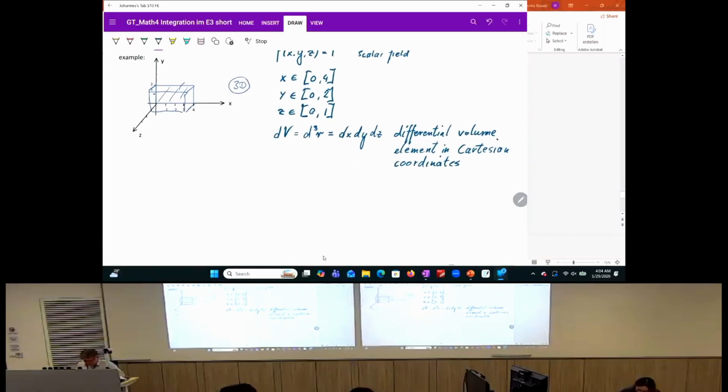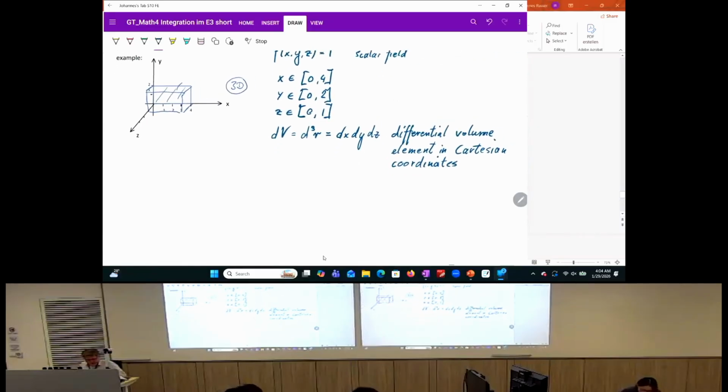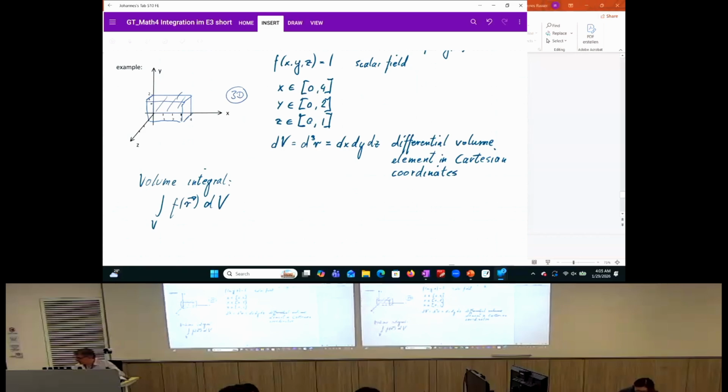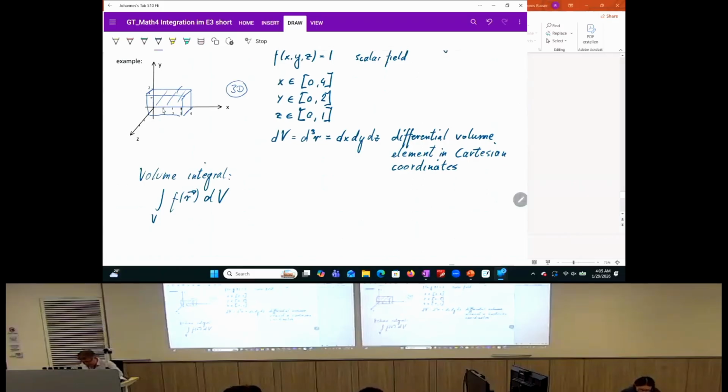And so you get a volume integral here over this scalar field. You take the differential volume element. You see these are the boundaries here. It goes from 0 to 2 in y direction, 0 to 4 in x, and 0 to 1 in z direction. So you integrate that.